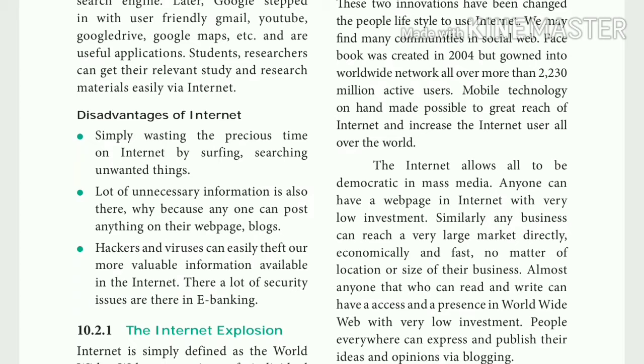Hackers and viruses can easily steal our valuable information available on the internet. So there are a lot of security issues in the e-banking system. So in the e-banking system, security threats are a very important issue here. Any person who has access to the internet can take away data by using hacking or virus programs.